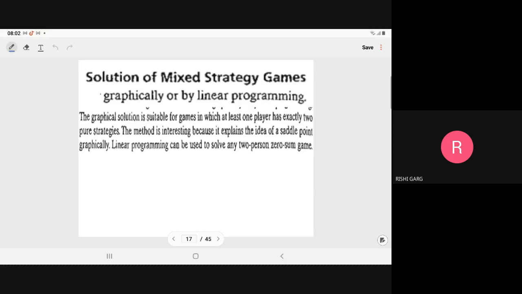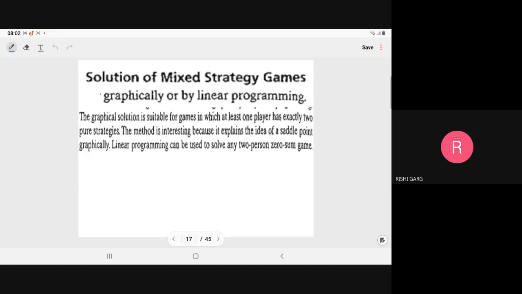But either player A or player B must have two alternatives only, then we can use the graphical method. And the graphical method provides the base to extend to the linear program. Means whatever idea we collect in the graphical method, that we apply in the linear programming solution.